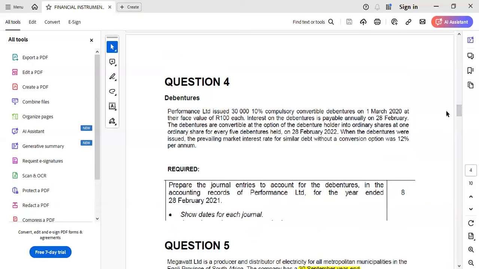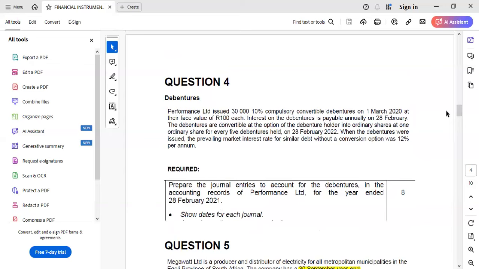Question 4. Performance Limited issued 30,000 10% compulsory convertible debentures on 1 March 2020 at their face value of 100 rand each. Interest on the debentures is payable annually on 28 February.